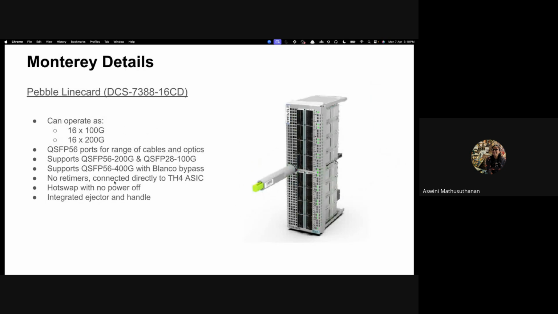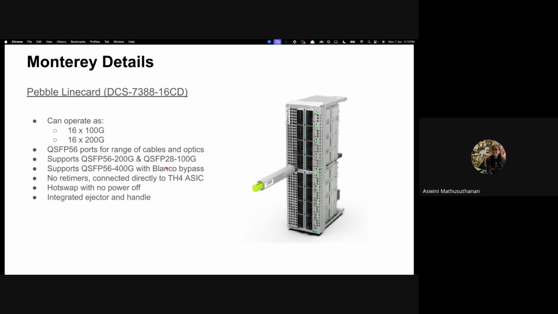Okay, so this is about the Pebble line card, which is the 16 400 gig ports, or it can operate as 16 200 gig ports. So you remember in Glacier we had pairs of QSFP 28 and 56, but here it is just QSFP 56 everywhere. It's going to be there in pairs here as well.